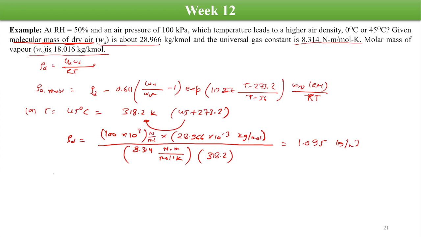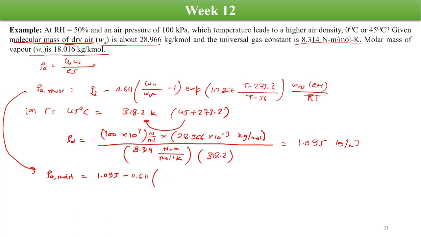And now we need to calculate it at a particular moisture or the relative humidity of 50%. So rho A moist, this formula will be used as given above. So rho D 1.095 minus 0.611.